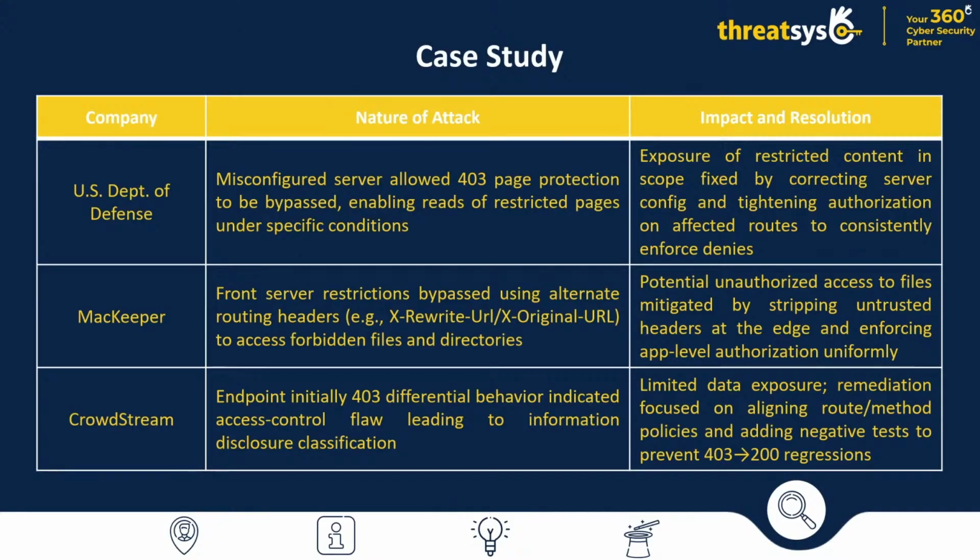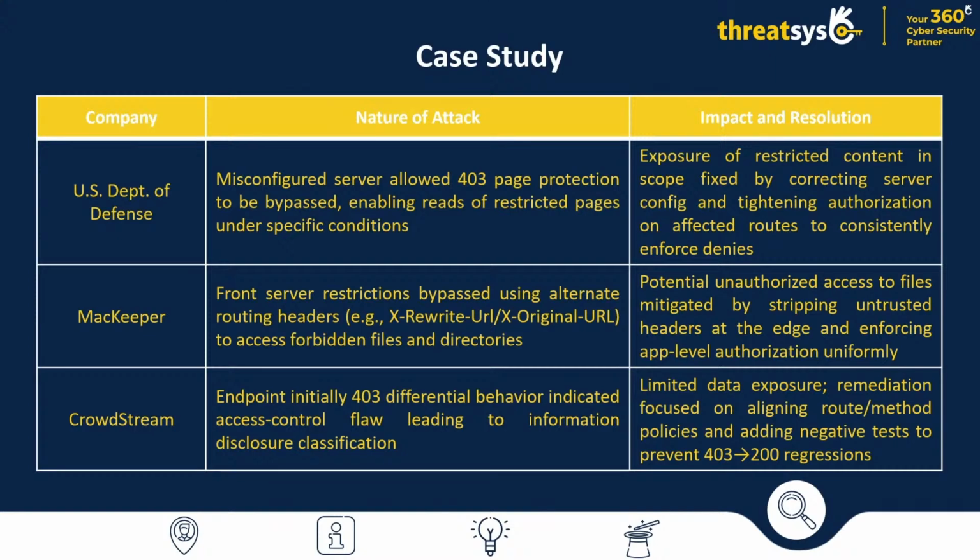Then the MacKeeper company, where the front end was bypassed using routing headers. In some scenarios, admin.php or other sensitive files are only allowed when you have a local or specified internal IP, where the X-Original-URL header is provided with the internal IP.